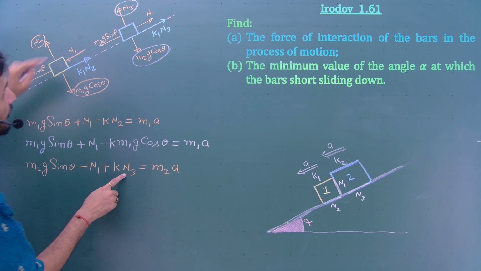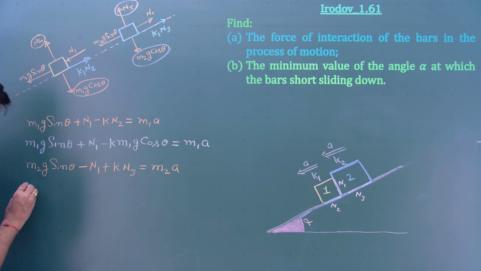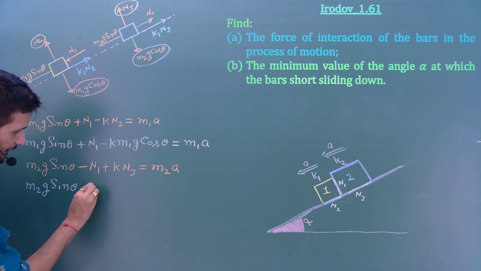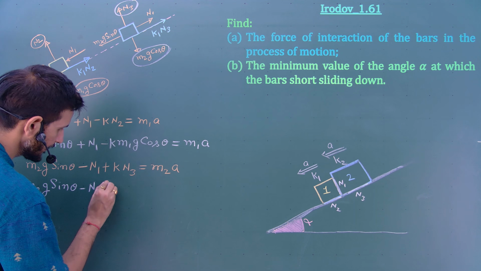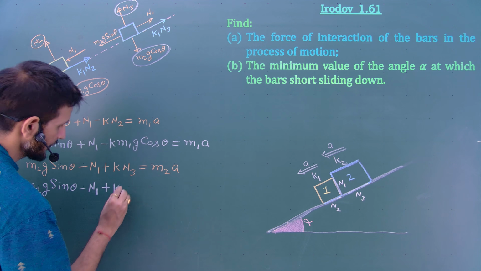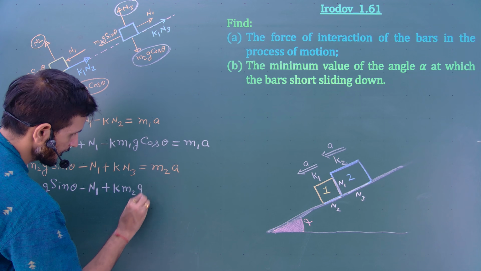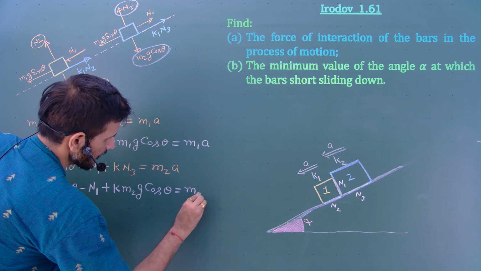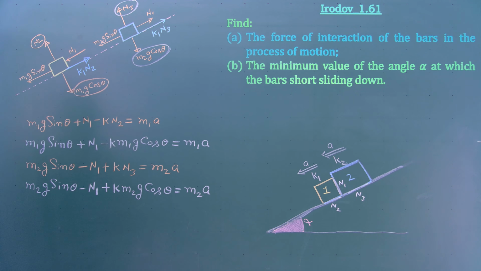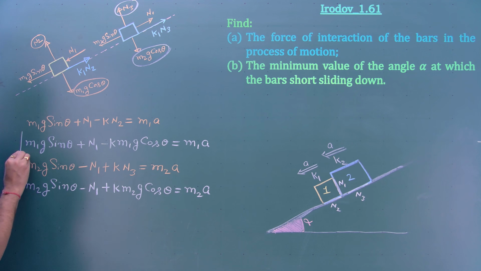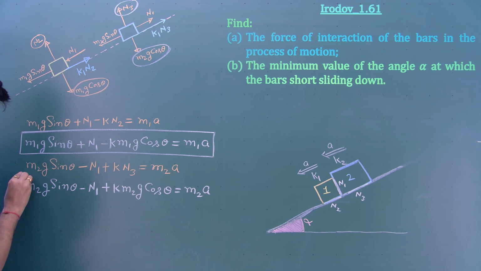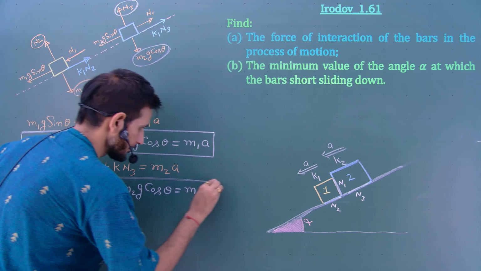Now put this value of N3, m2g cos theta. The equation becomes m2g sin theta minus N1 minus k2 m2g cos theta should be equal to m2 into a. So I have two equations, one is this and the second is this.